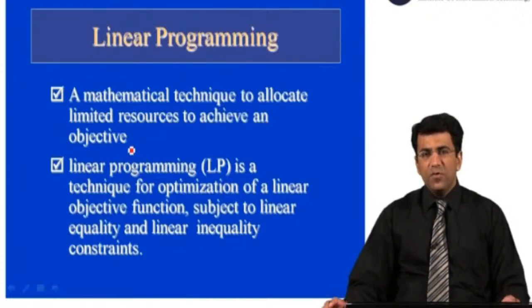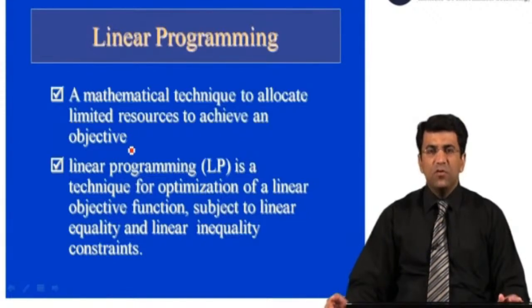So in linear programming, we are always concerned with linear functions. We are not interested in quadratic or other functions in which the power of the variable is more than 1. So it is very important to note that we try to optimize our linear objective function.